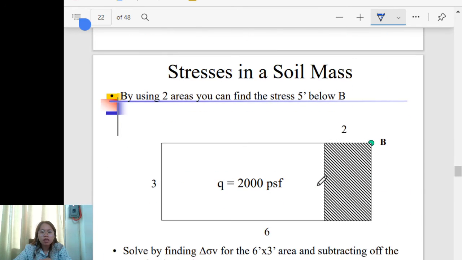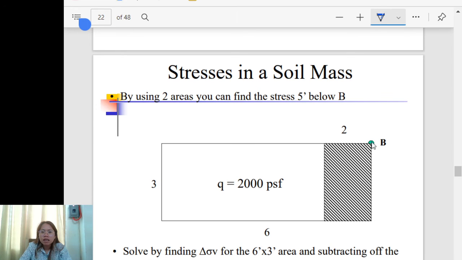By using two areas, we can find the stress 5 feet below B, even if B is outside.